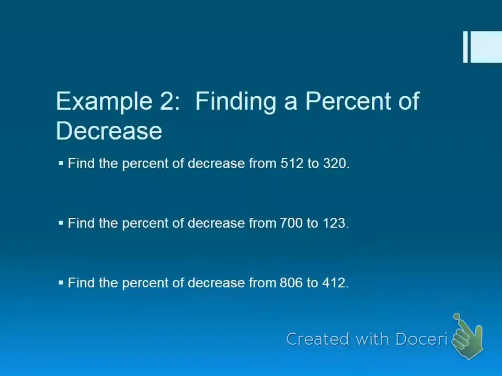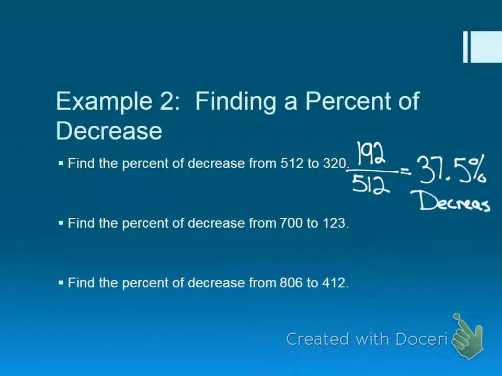So taking the difference between the two numbers, 512 minus 320 gives me 192 over 512. Change it to a percent, and yes, it's a decrease because from my original to my new, the values went down. Okay? All right, do the second and the third ones the same way.